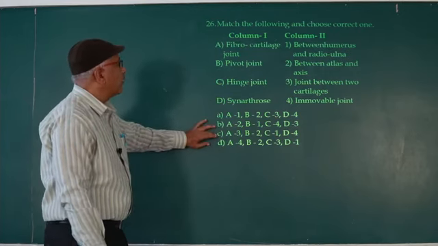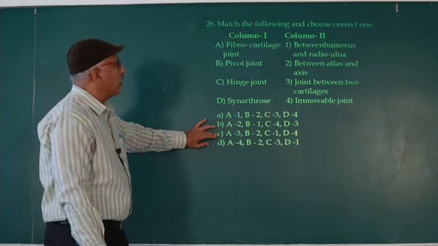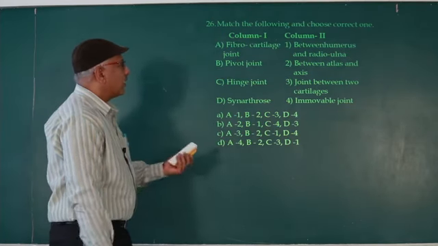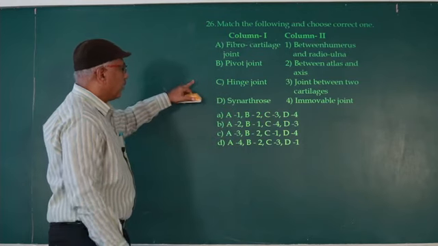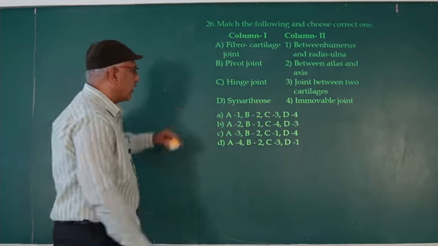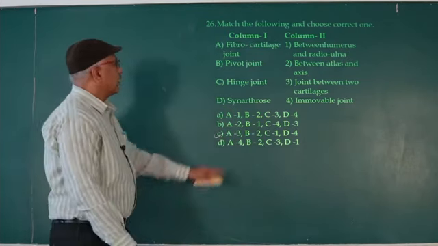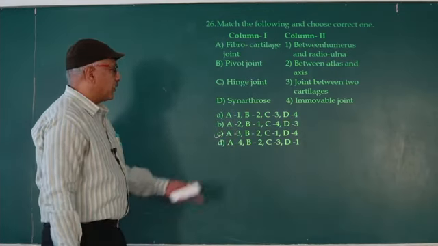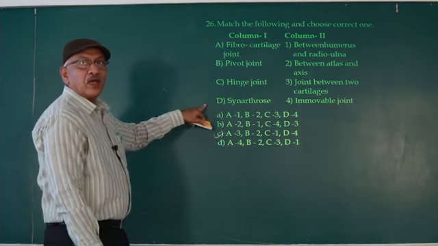C1. So A, fibrocartilage joint between two cartilages. B, pivot joint between atlas and axis. So next one is hinge joint between humerus and radio-ulna.